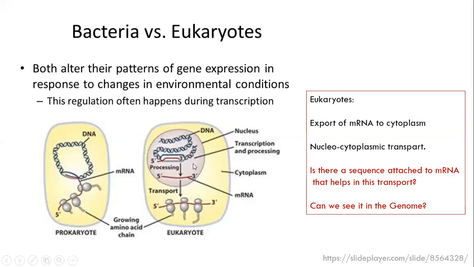One more important criterion is that the mRNA here is fundamentally different. This mRNA will have a signal peptide or protein sequence that helps export it from the nucleus to the cytoplasm. So you can use these export signals in the DNA in an algorithm for predicting genes, but you may not use the same algorithm for prokaryotes.